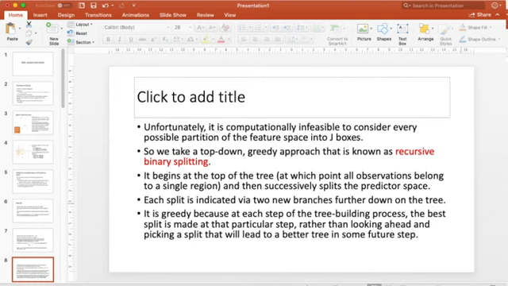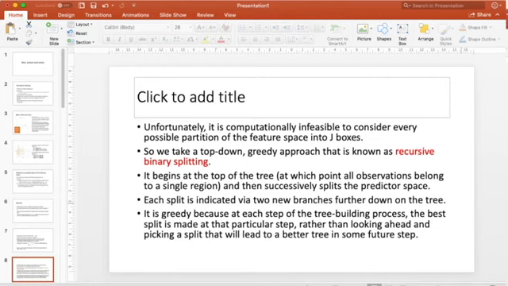So what we do is we take a top-down, greedy approach that is known as recursive binary splitting. This is what the decision tree algorithm is called, recursive binary splitting. What does a greedy approach mean? A greedy approach means that it begins at the top of the tree, at which point all observations belong to a single region.